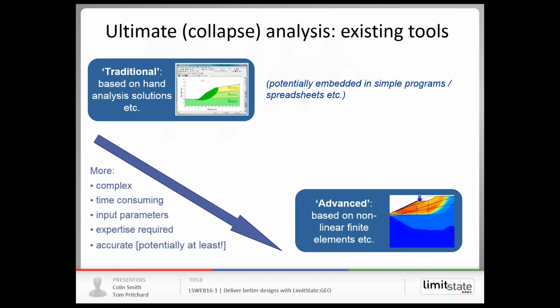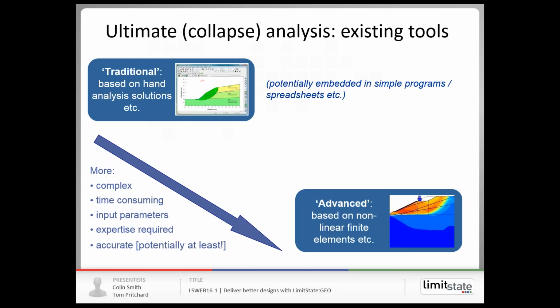LimitState, the company, we focus on tools for ultimate limit state analysis. To put this in context with other currently available software, on the top left of the screen, we have generally easy to use software and spreadsheets based on conventional hand calculation type methods that can handle a specific problem type. And on the bottom right hand corner, more complicated finite element software, which can model any geometry and can model complex soil behavior.